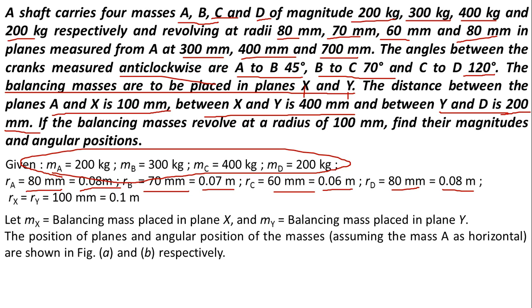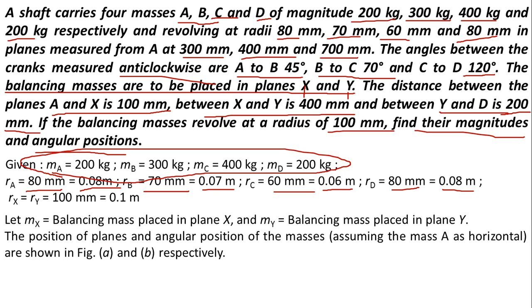If the balancing masses revolve at a radius of 100 mm, find their magnitudes and angular positions. That means you have to find the balancing masses at plane X and plane Y.